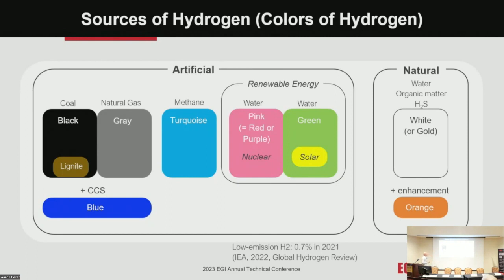But in the last few years, people started talking about natural hydrogen, which is supposed to be net zero carbon emission. And there's also orange hydrogen, which is natural hydrogen but with some enhancement, where we do something to increase the production rate of hydrogen in natural settings.